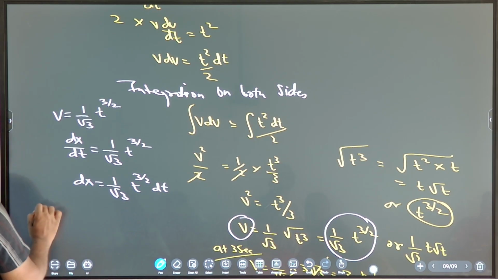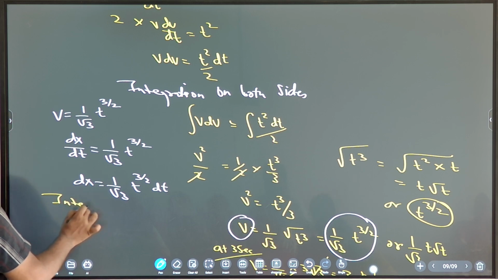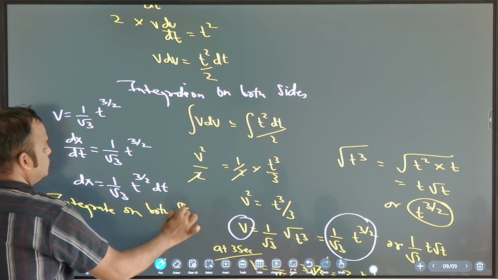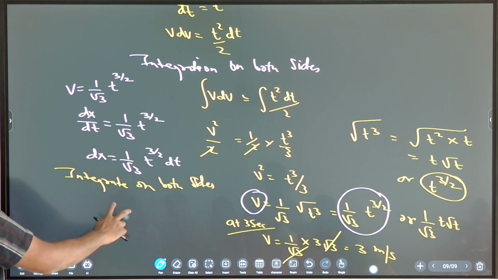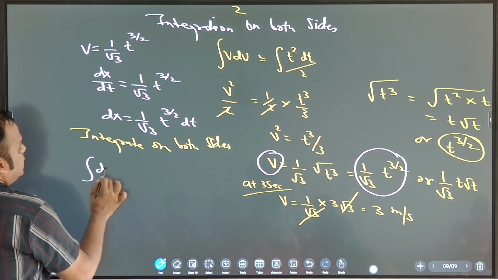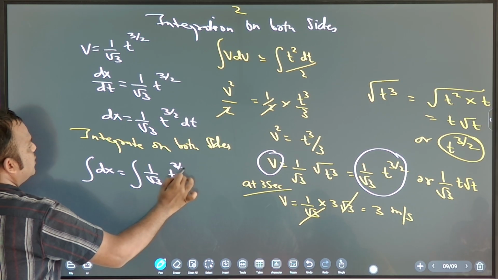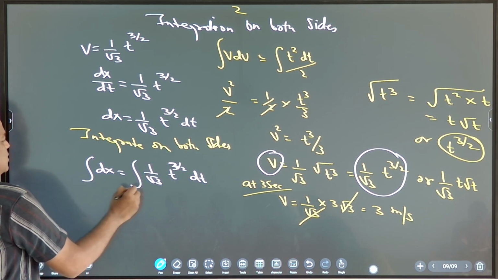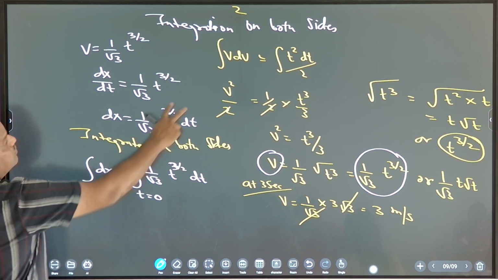Now integrate again. Integrate on both sides. So integration of dx is integration of 1 by root 3 t power 3 by 2 dt. What is the initial time? When time is 0, what is position?